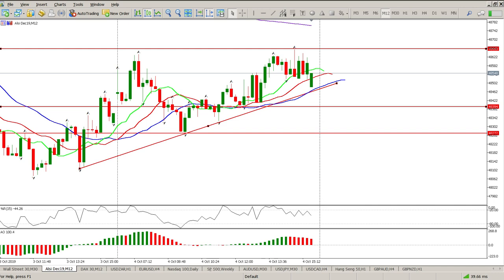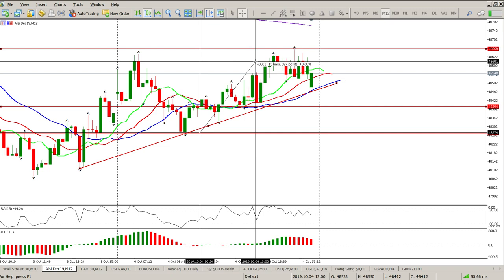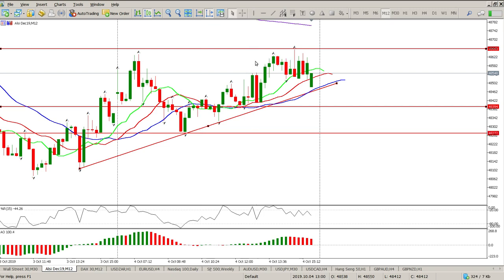There's the futures market, 0.5%. So basically there was a 1% move in the Nasdaq, and our South African market pretty much moved 0.7%.